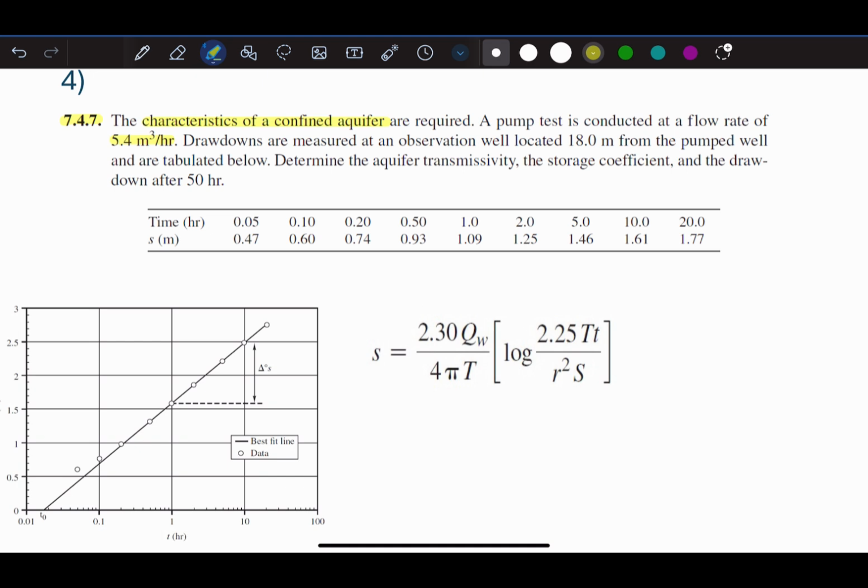The drawdowns are measured at an observation well located 80 meters from the pump well, and these are tabulated below. We need to determine the aquifer transmissivity, the storage coefficient, and the drawdown after 50 hours.